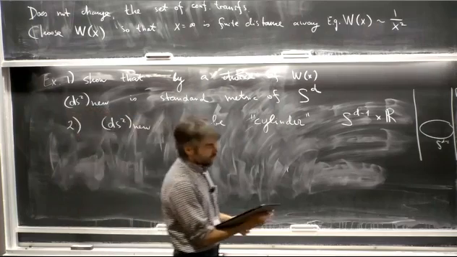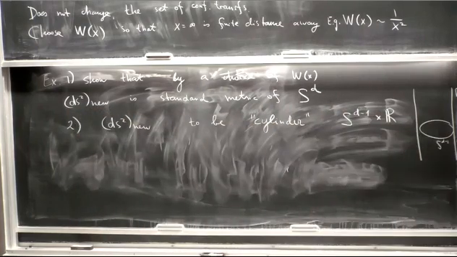Okay, so now that we know a little bit more about the group structure of conformal transformations, we can come back to this question: why this weird transformation rule for the operators? So I wrote this rule.